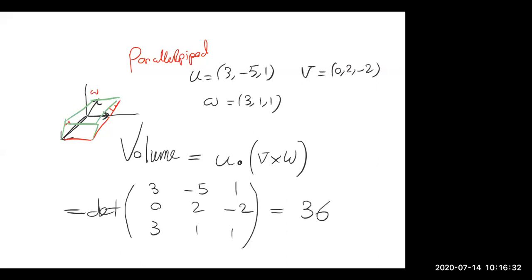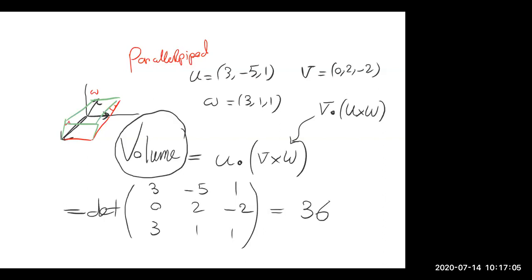I should say something. It's a good question someone asked here. If we change the order of u, v, and w, the answer might become negative. So if I change the order here, for example, if I write v dot u cross w, or any other arrangement, only the sign might change. It might become, for example, -36. But remember, volume, at least in this course, is a positive number.